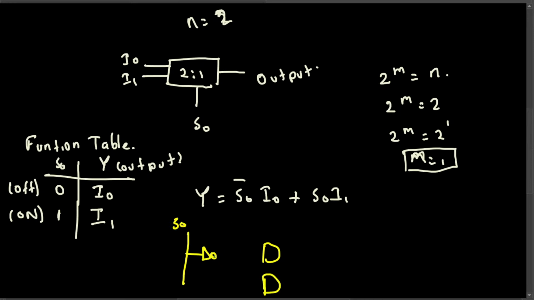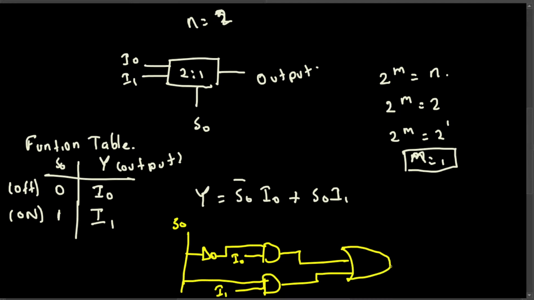One of them connects S0 naught and I0, and the other connects S0 directly and I1. Both are then ORed together, and the output is going to be Y.